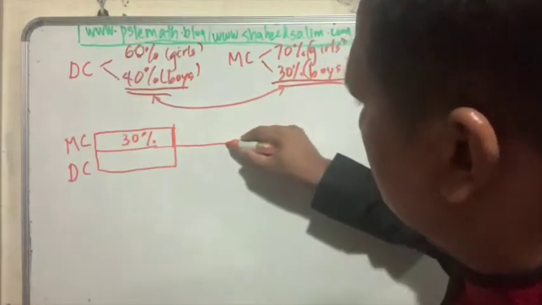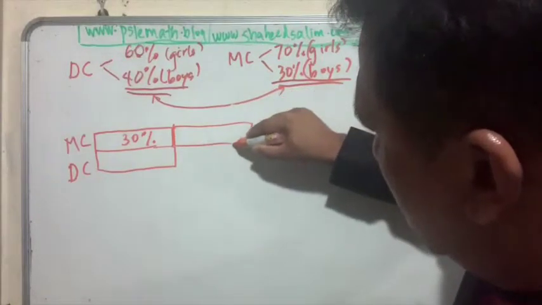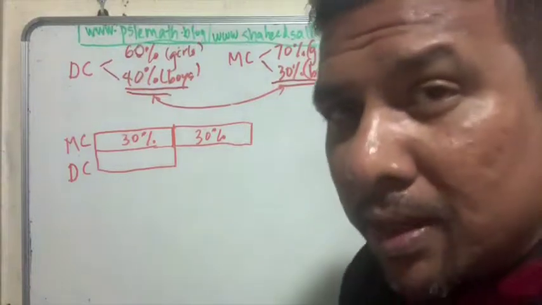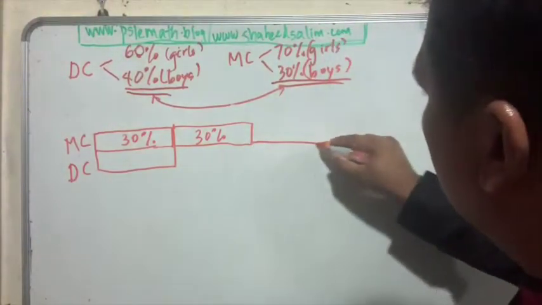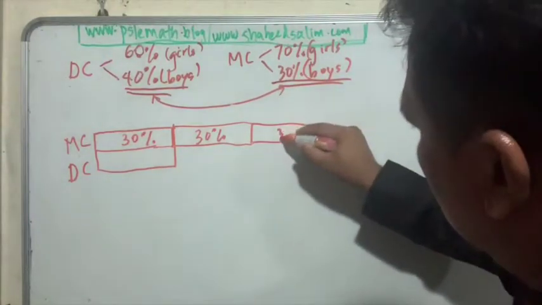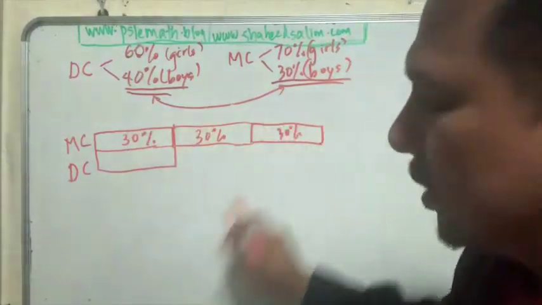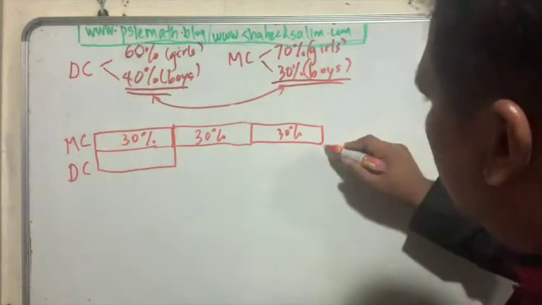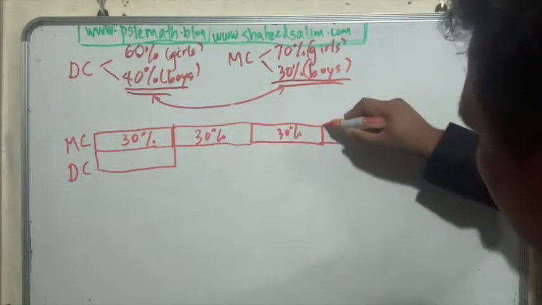I draw another 30%. 30 plus 30 gives you 60%. We want 100%. So I draw another 30%. 30 plus 30 plus 30 gives you 90%. We are still not yet at 100, and we add 1/3 of this. Roughly 1/3 is like that.